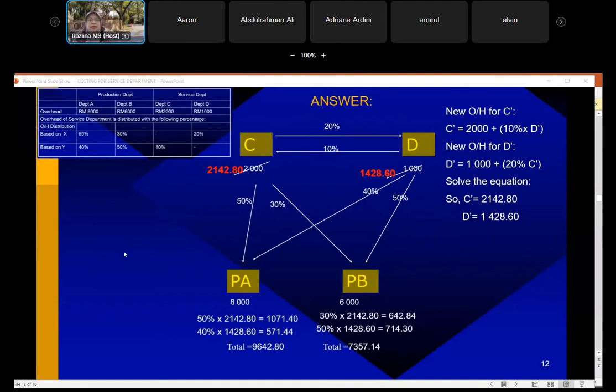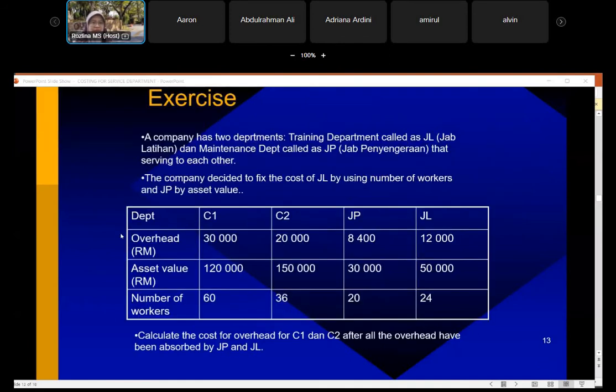Okay, and any other question? No question, okay. If there is no question now, I give you the exercise. We try to settle this. A company has two departments. Training department, we call it as JL, Jabatan Latihan. Tak sempat, ini banyak bahasa Melayu ni.